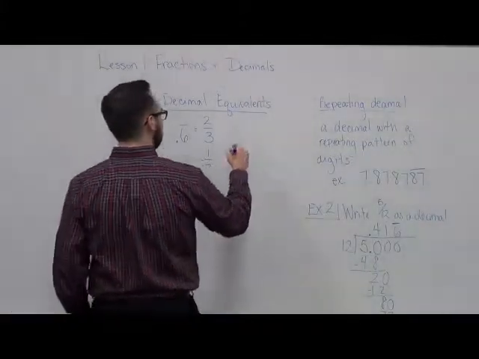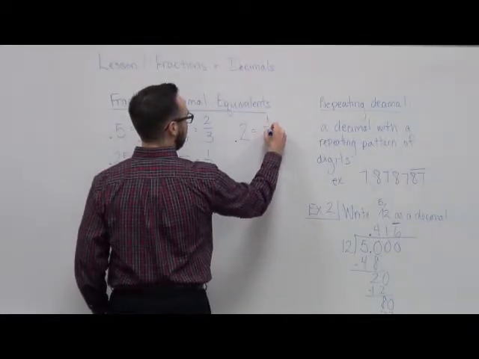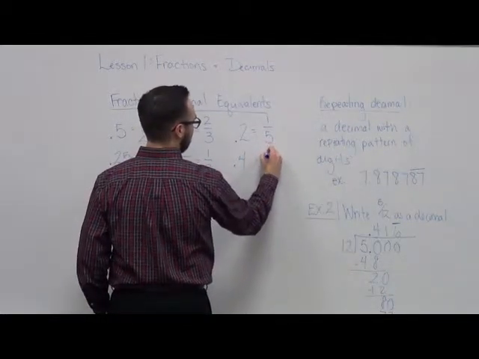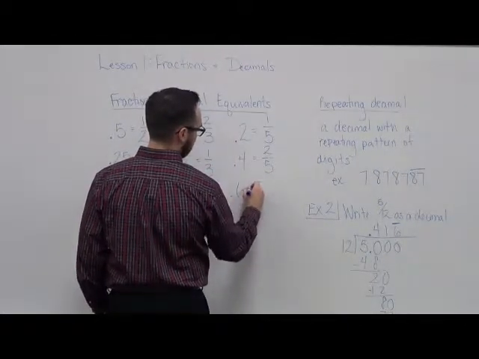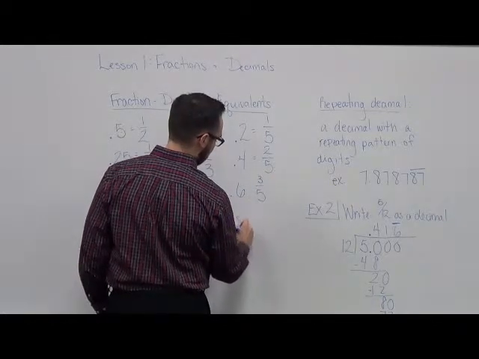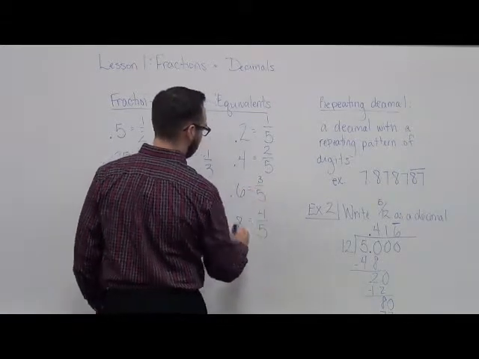Some other simpler ones. We have 0.2 is 1/5. 0.4 is 2/5. 0.6 is 3/5. And 0.8 is 4/5.